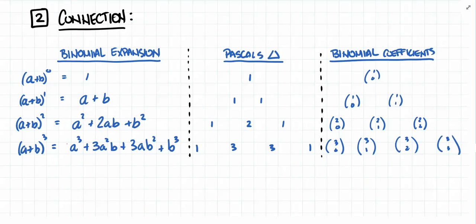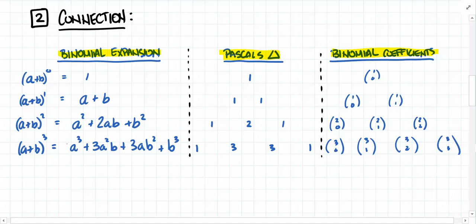Okay, box number 2 is a very, very important box. So I want to make sure that you copy this down and then I'll explain it to you. Box number 2 is all about connecting the binomial expansions with this thing called Pascal's triangle, with these things called the binomial coefficients that we learned in the previous lesson.